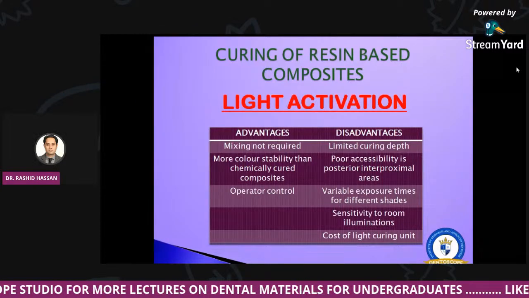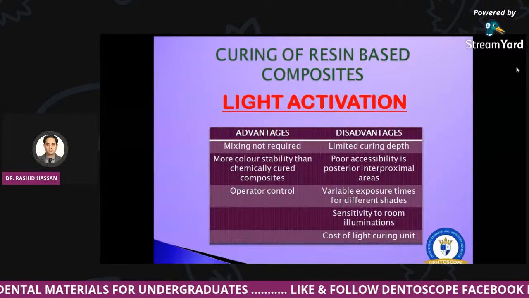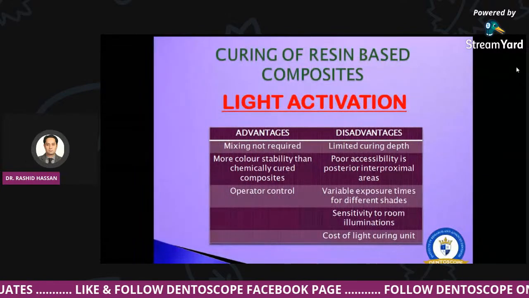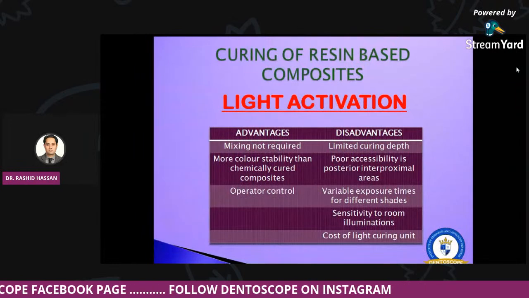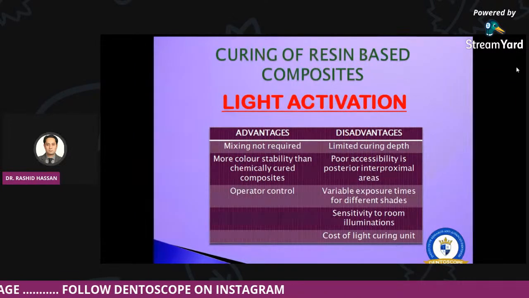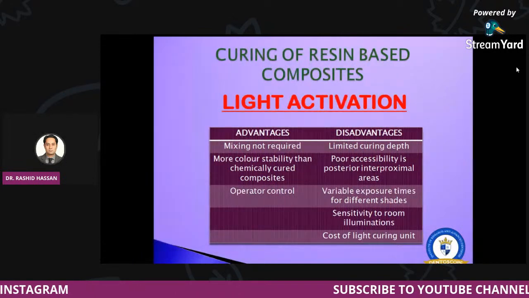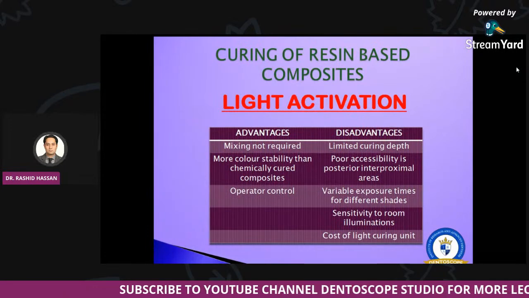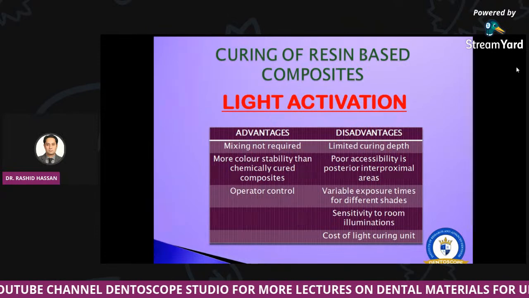The prognosis of color stability is much higher compared to the chemically cured dental composite. And obviously, the operator has control over the polymerization reaction. He can easily, as I told you, clear the cavity and do all the isolation, and then insert dental composite, and then he can use the blue light, and the polymerization reaction is going to start.